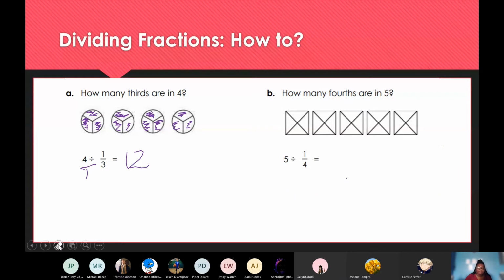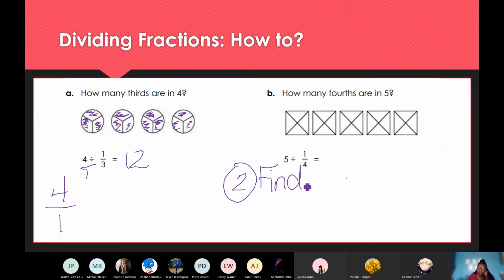So step 2, after we've made that whole number a fraction, what we're going to do now is follow the same steps that we did just a moment ago. Now we have to find the reciprocal. So step 2, find the reciprocal.